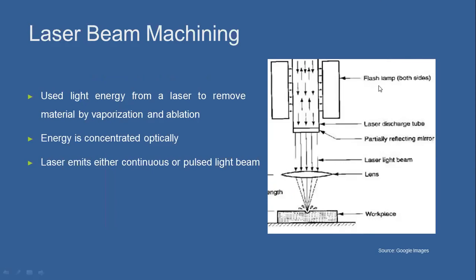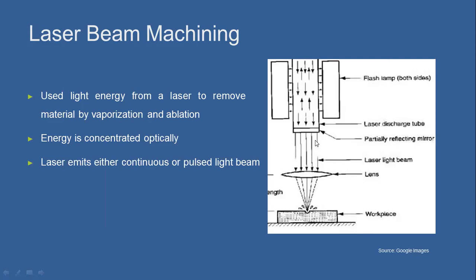We have flash lamps. This is a ruby crystal, or lasing medium, placed between a partially reflecting mirror and another mirror, a 100% reflecting mirror, and we have a lens.